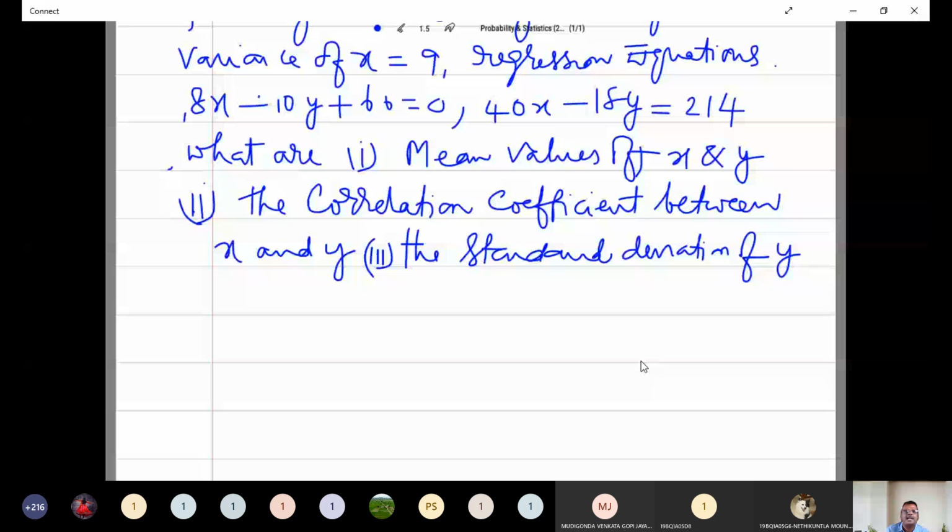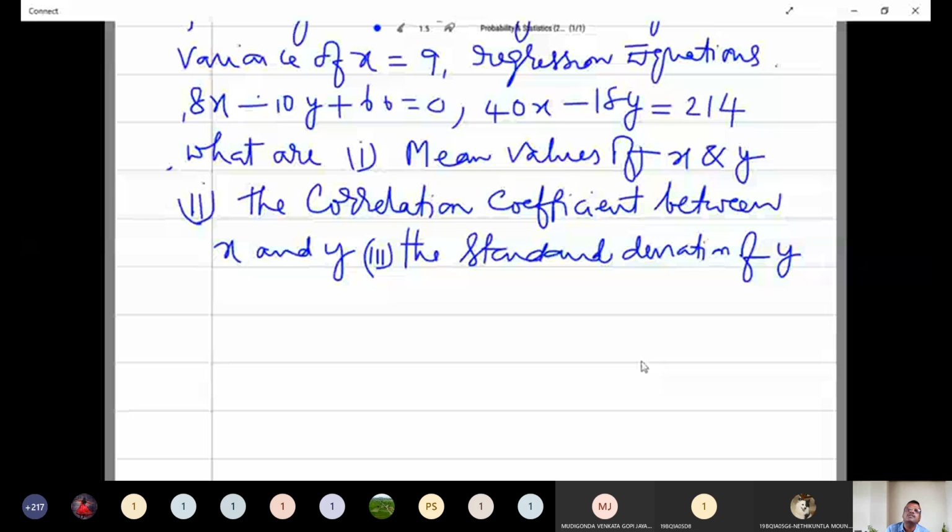That means x bar and y bar are treated as a point that passes through the regression equations. Each and every point on the regression line satisfies the straight line equation. If any point satisfies that equation, that point lies on the line. So we say that x bar and y bar are points on the regression line.